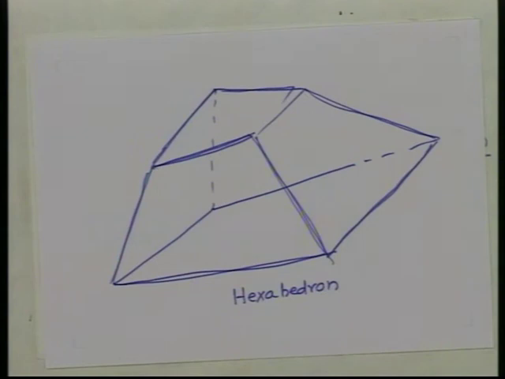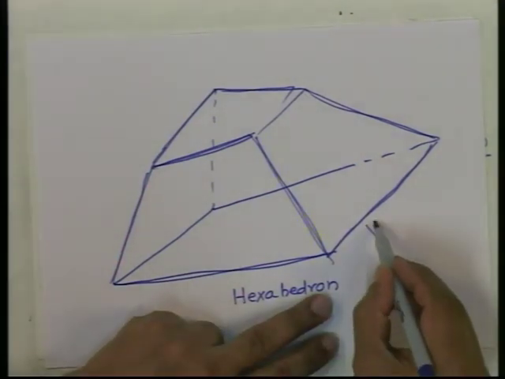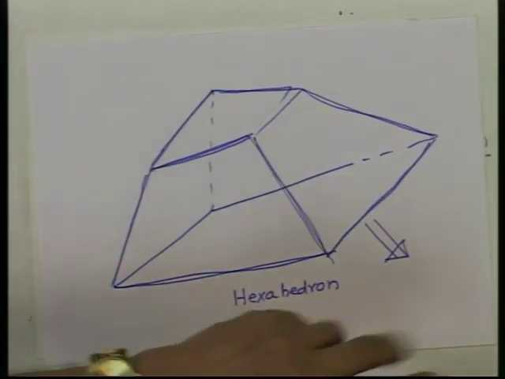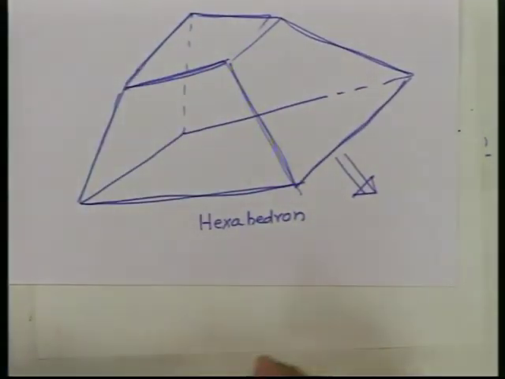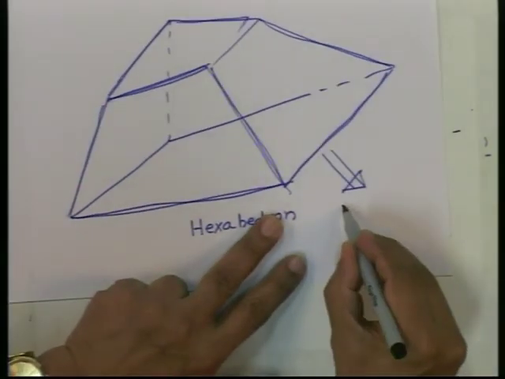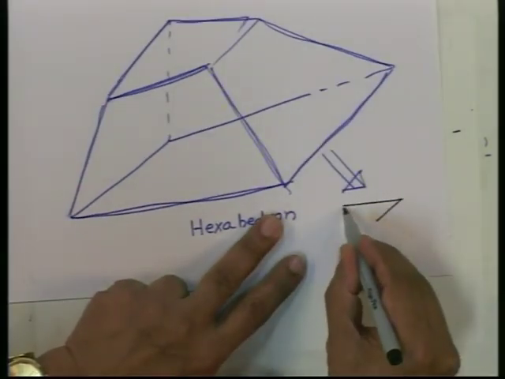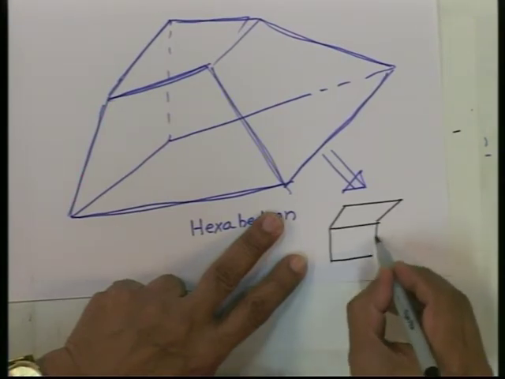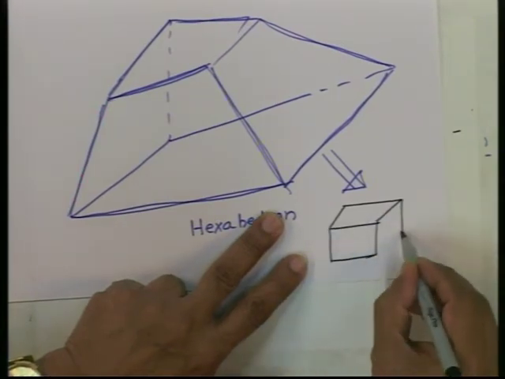So in 3 dimensions it is this, but this general element can always be transformed, by what we just now discussed, into a 2 unit by 2 unit by 2 unit simple cube. That is the beauty of this.